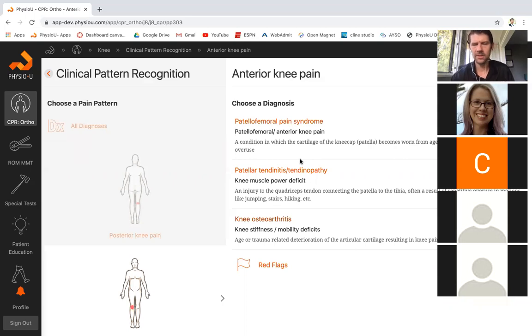So I see numbness and tingling, rule out cancer. Yep. Nice. Patella fracture. Good job, Jordan. What would be one of the pieces of information we'd probably gather in the subjective or the patient interview that would lead us to one of those different red flags?